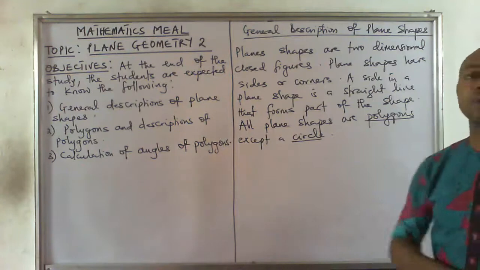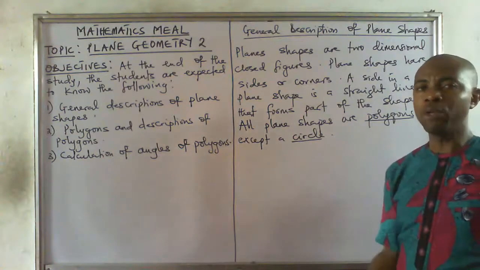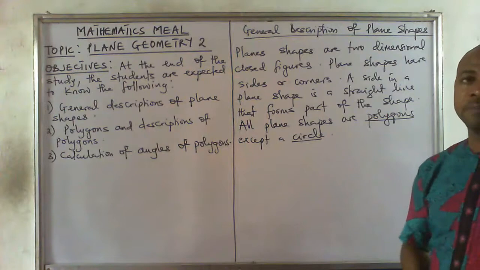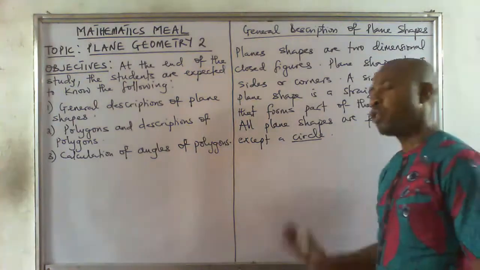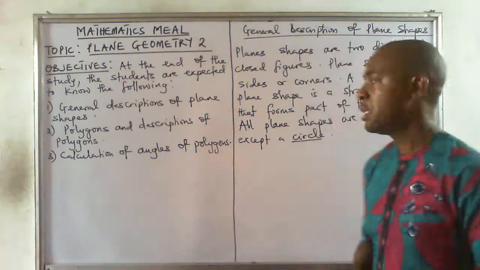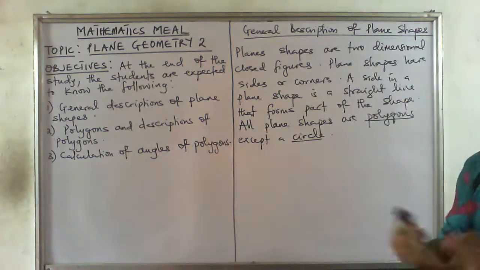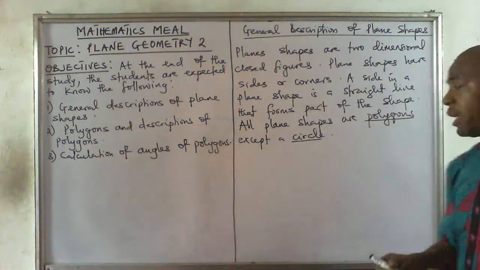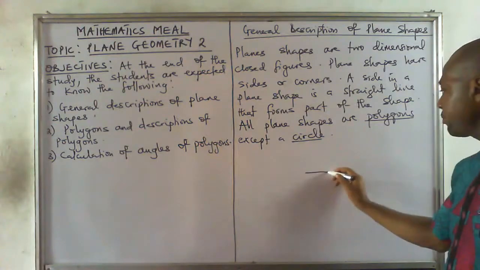Now inside polygons we have so many plane shapes that we need to describe. Now polygons can also be complex. They can be composite. You can have a combination of many plane shapes to form a single plane shape.